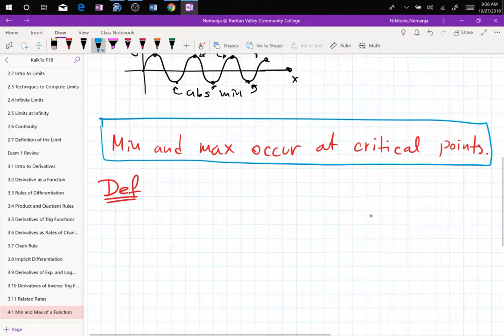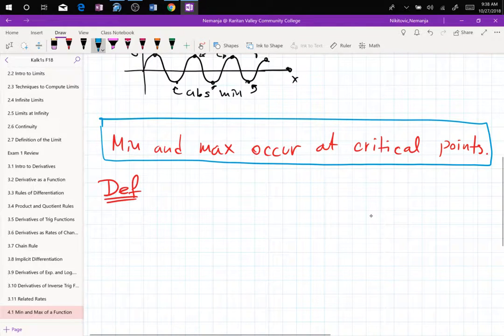Critical point is going to have a lot of roles as you push through calculus layers. But for right now, we want to say that min and max occur at critical points. So if you find critical points, chances are that that critical point will be a min or a max. So not guaranteed, but the chances are it will be a min or a max.